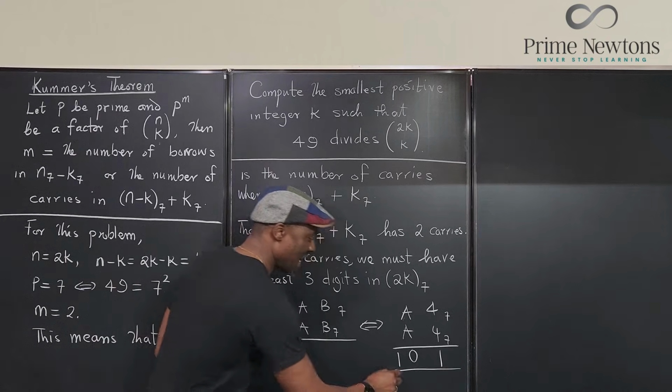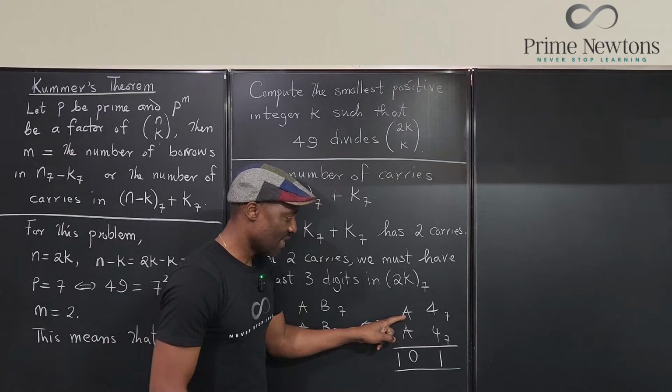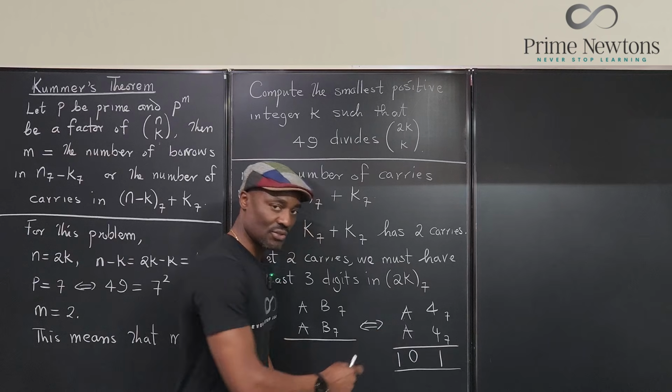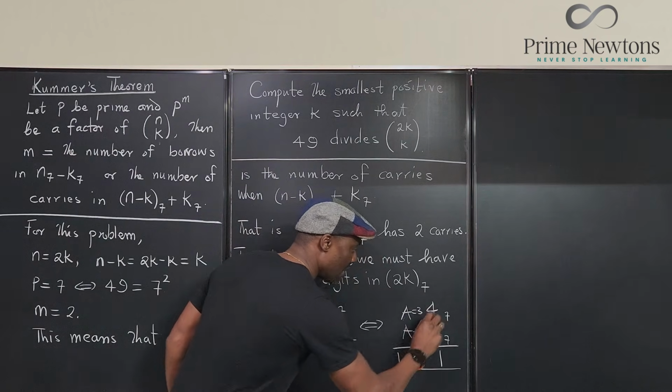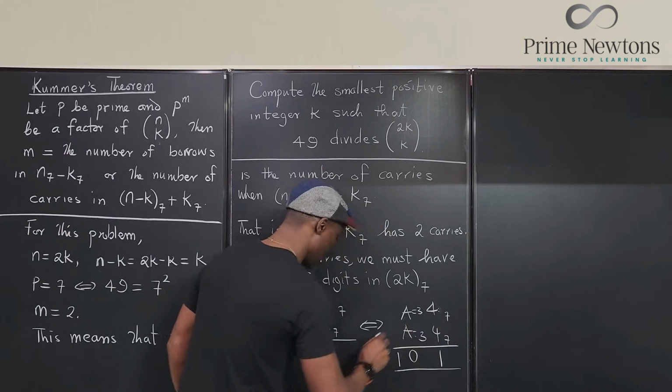So we can say that for this to be correct, this has got to be 3, this has got to be 3, and b has got to be 4.